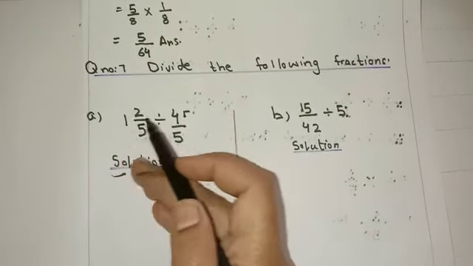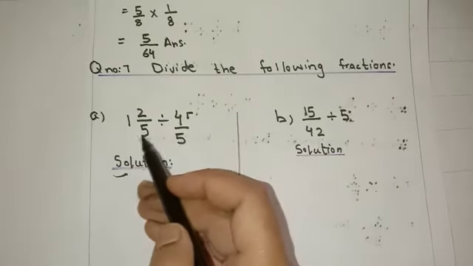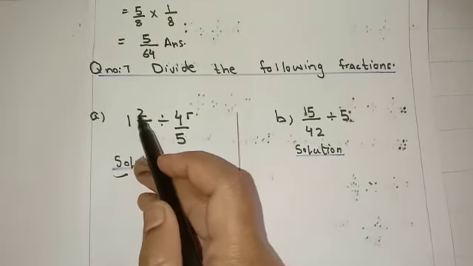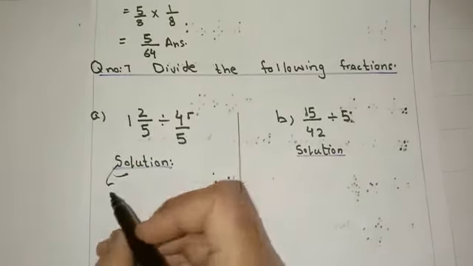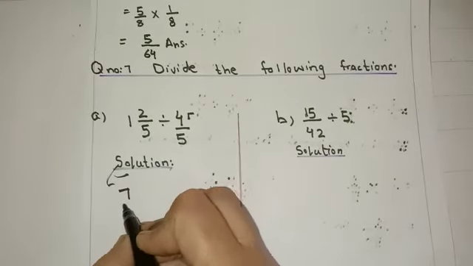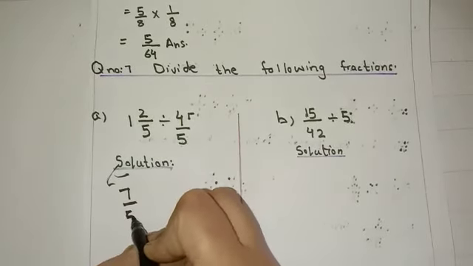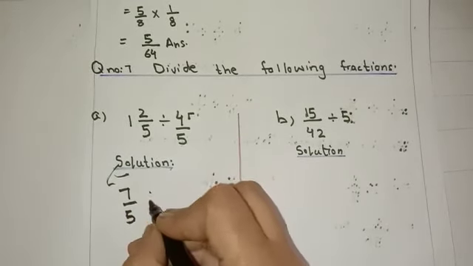So we can change that mixed fraction into a simple fraction: 5 ones are 5, plus 2 is 7, so 7 over 5, right, divided by 4 over 5.